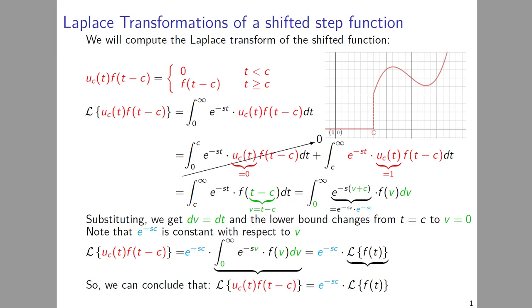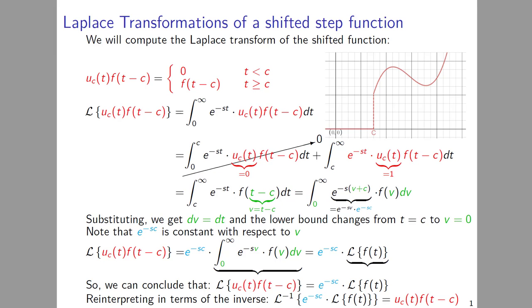Since we need to be able to take inverse Laplace transforms in order to solve differential equations using Laplace transforms, it's also worth noting that we can reinterpret this in terms of the inverse Laplace transform, which says the inverse Laplace transform of e to the negative sc times the Laplace transform of f of t is equal to u sub c of t times f of t minus c.